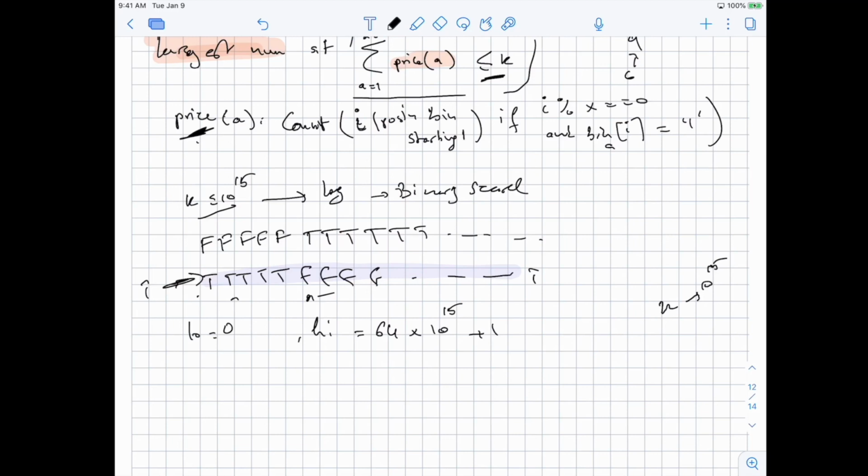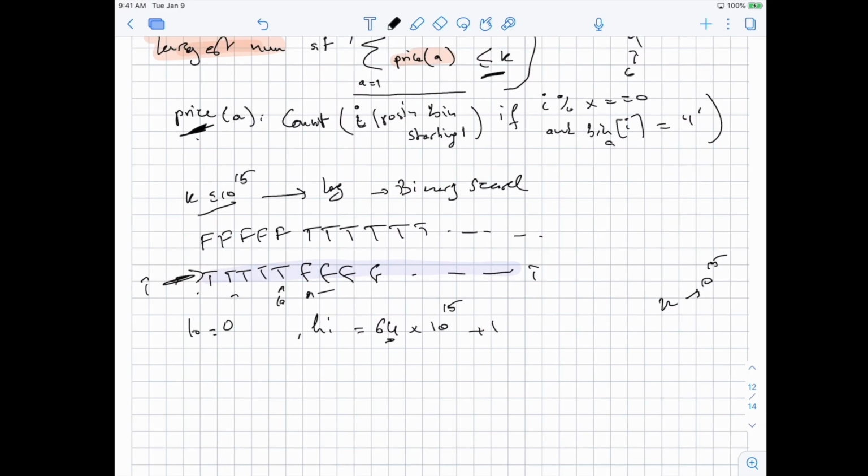I do think you can still try with 10 to the power of 15 and see if it works, but just to be safe, we'll do it as if all the bits were set. And then we'll do our binary search and find the answer. Basically, we'll maintain low to be true, we'll maintain high to be false, and then we'll stop when the difference is just 1, and we'll return low.